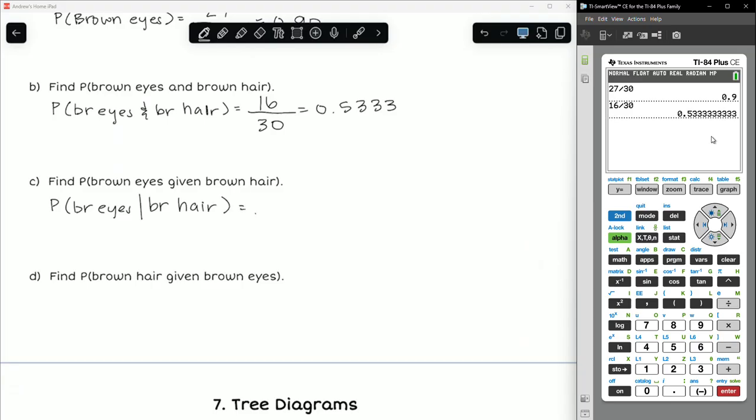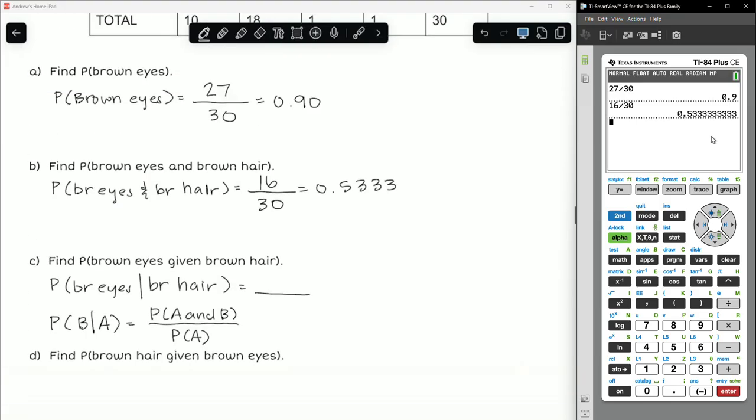And I remember from a previous video that the probability of B given A is equal to P of A and B, divided by the probability of the conditional, P of A. In this case, first I'm going to look at the probability of brown eyes and brown hair.